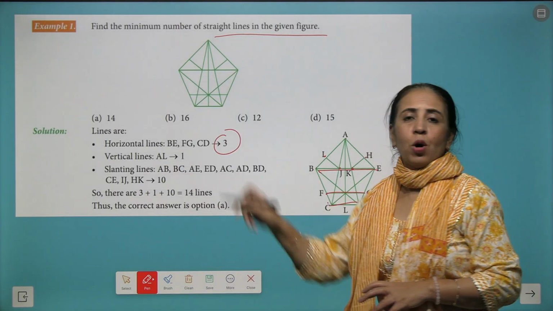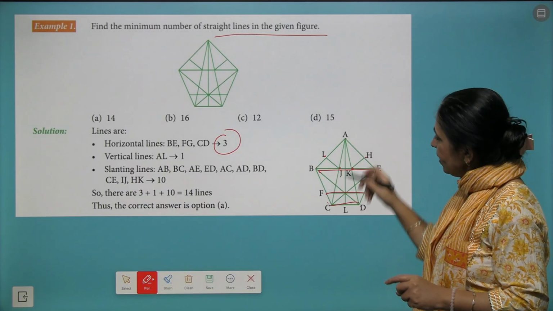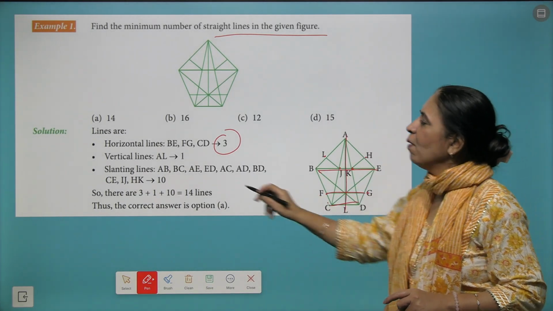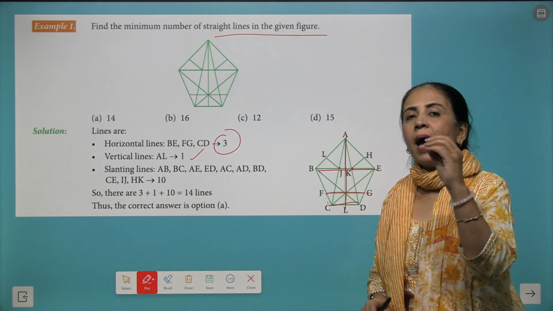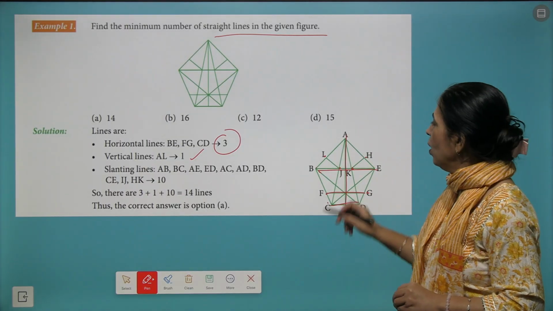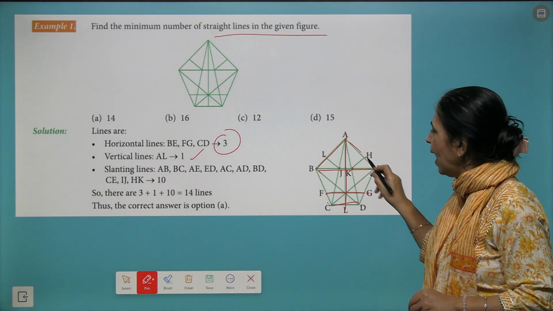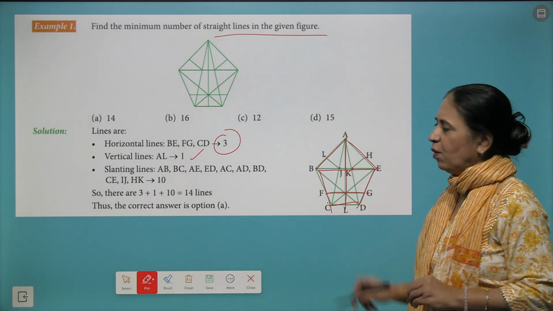We have 3 horizontal lines here, right? Let's count the vertical lines. We have 1 vertical line here. And after this, we will look for the slanting lines that exist in the figure.